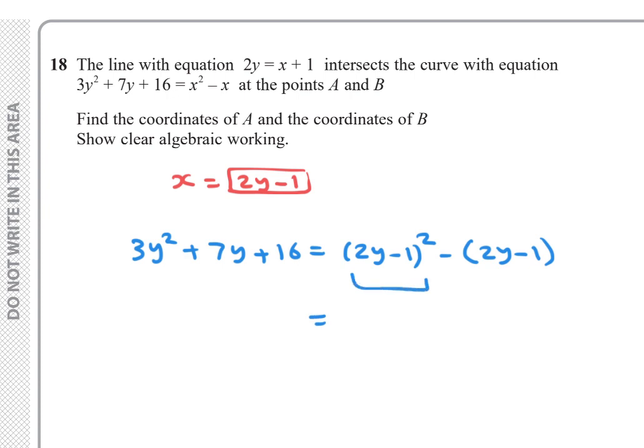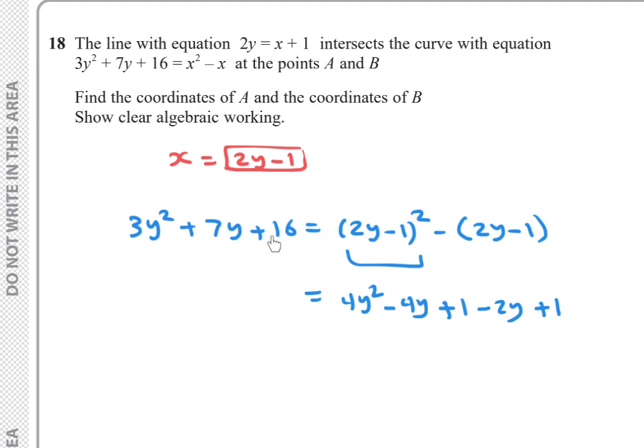So 2y minus 1 squared: 2y times 2y is 4y squared, 2 times 2y times negative 1 is negative 4y, and negative 1 times negative 1 is positive 1. For this negative, negative times 2y is negative 2y, and negative times negative is positive.